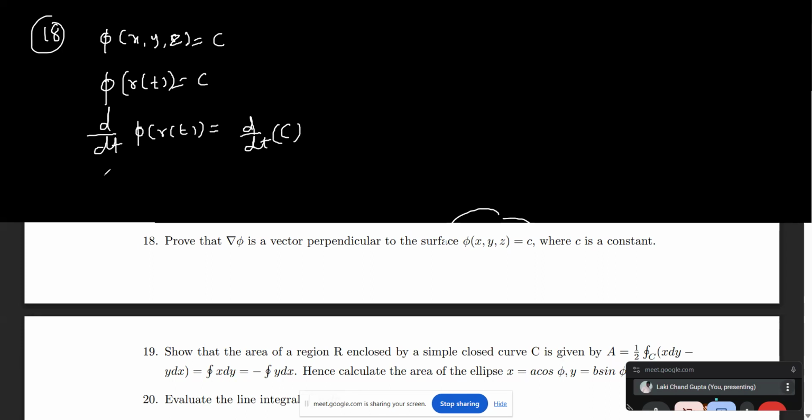You know r(t) is a tangent vector. Now when you open the bracket, use the chain rule. Del phi dot dr by dt, and the derivative of a constant is 0.